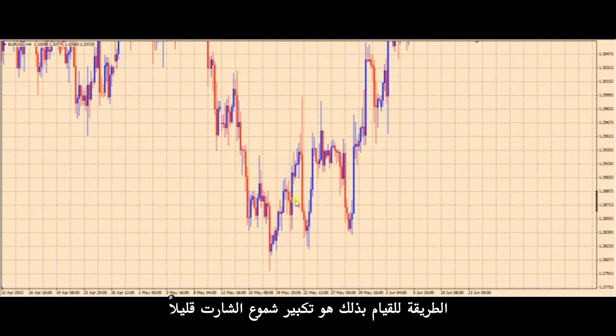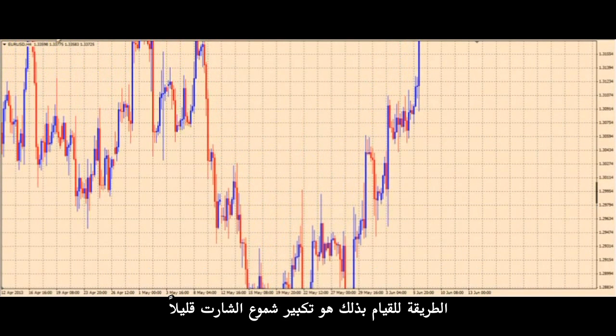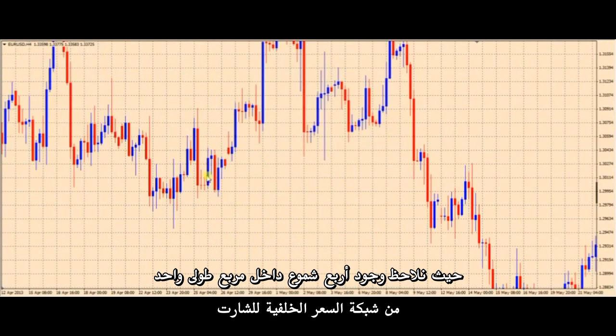So basically the way you have to do that is you have to decide on a zoom factor, and very frequently I use 4 candles per background grid. If you notice the background grid here, there's 1, 2, 3, 4 candles in each square at this current zoom factor.